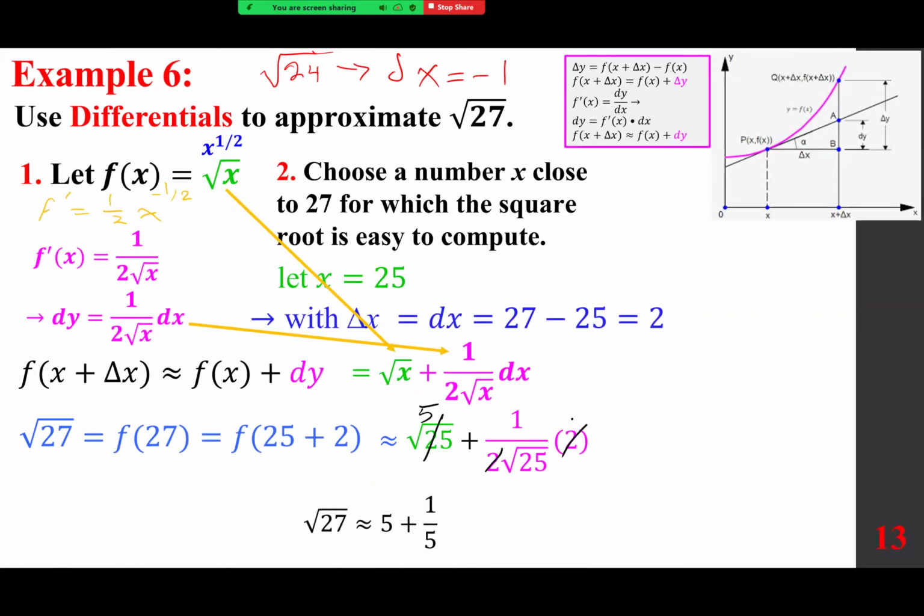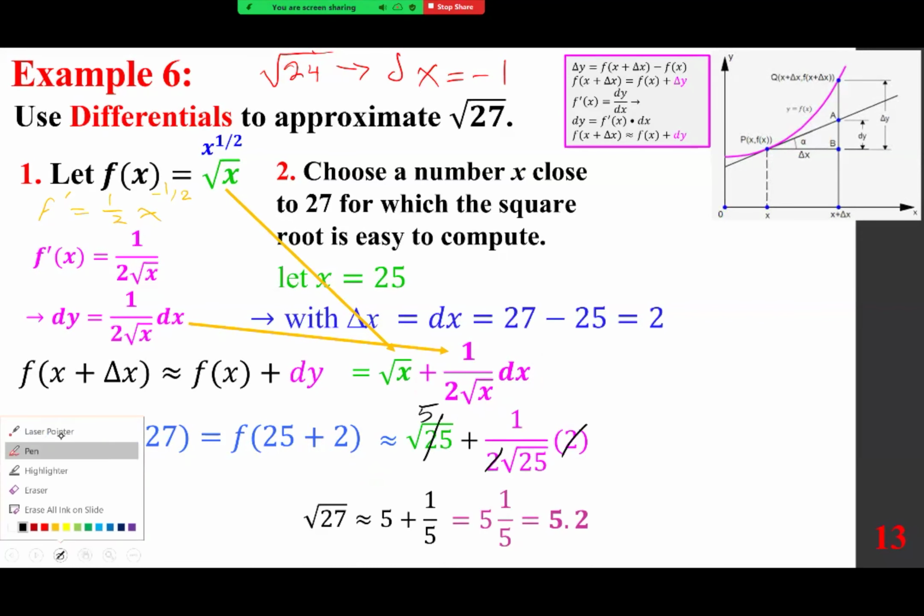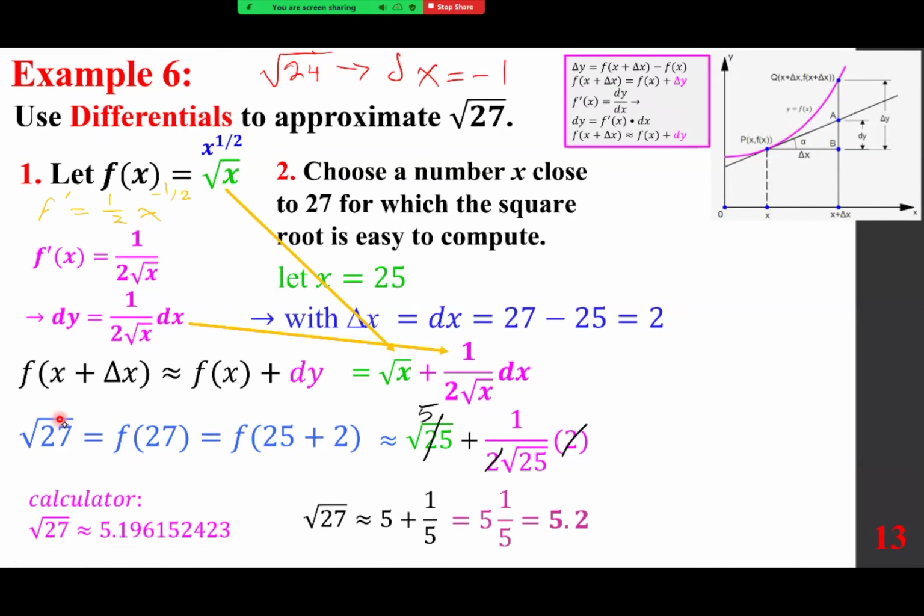And we get 5 and 1/5, or 5.2. Now, if we use a calculator with a lot of decimals, the square root of 27 becomes 5.196152423, and it continues indefinitely because the square root of 27 is an irrational number. However, with respect to the first decimal, they are identical, so it's pretty close.